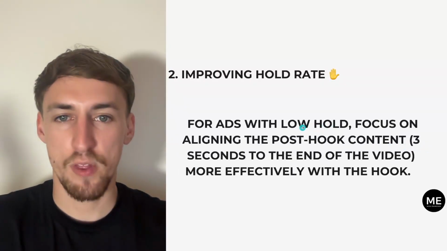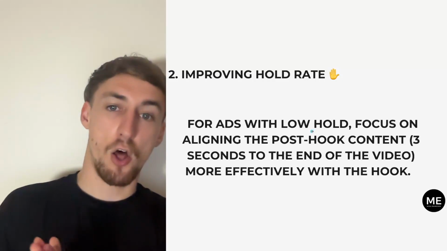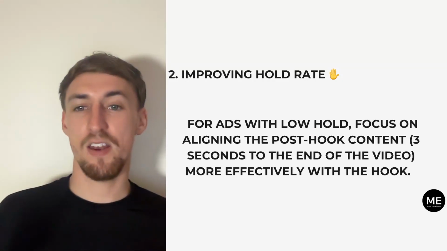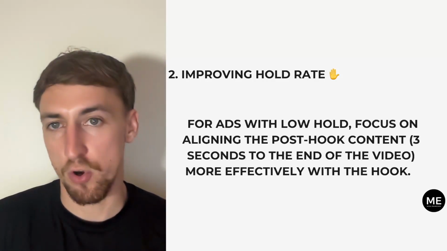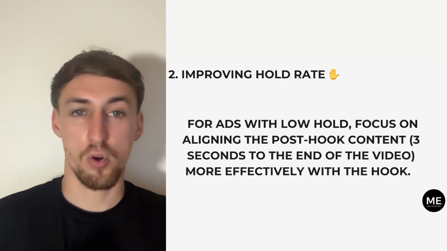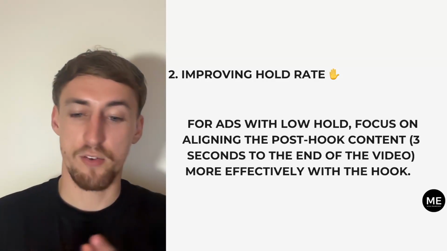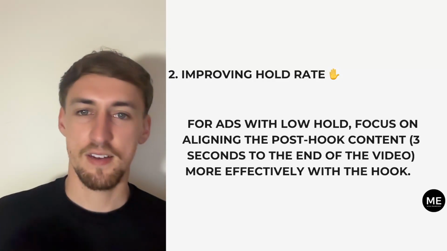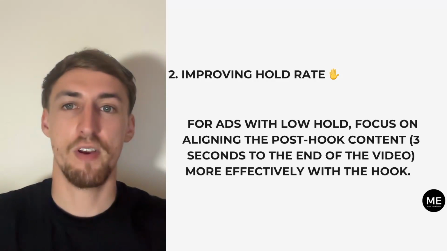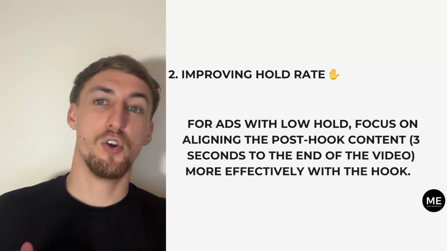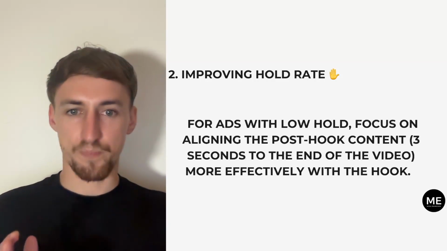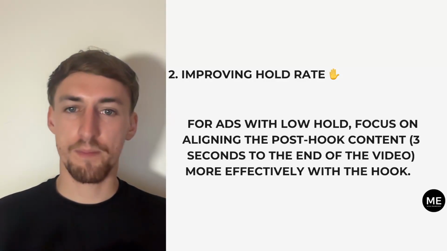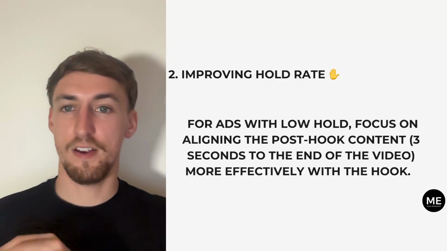So ads with a low hold, you want to focus on aligning the post-hook content, so after 3 seconds to the end of the video, more effectively with the hook. You might have a hook that's doing really well, but it doesn't actually align with the messaging in the rest of the ad. So this is when it's important to make sure that it aligns perfectly. And you often find this when you've created an angle with an ad and your hook is kind of targeting a different niche of people.